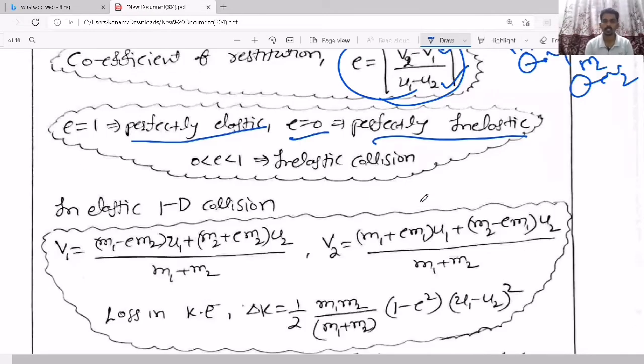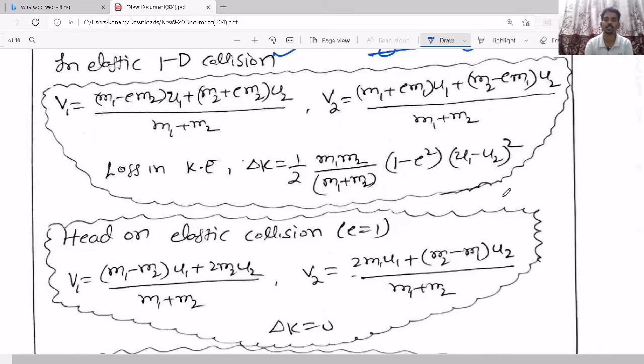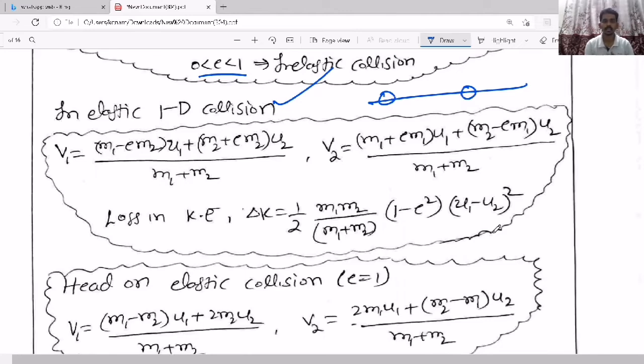In case of a general inelastic collision, the e value lies between 0 and 1. The very first case is one-dimensional collision. One-dimensional means both masses move along one straight line. That is called one-dimensional or head-on collision. In that case, the velocities of m1 and m2 after the collision are given by these formulas.